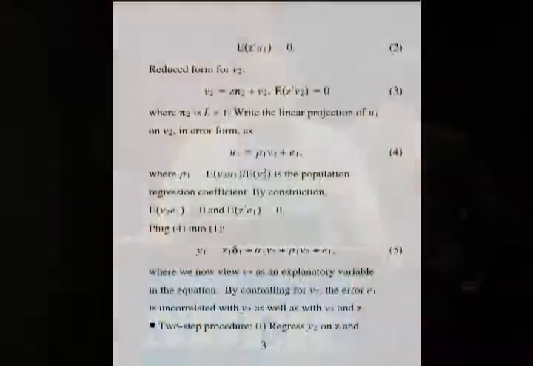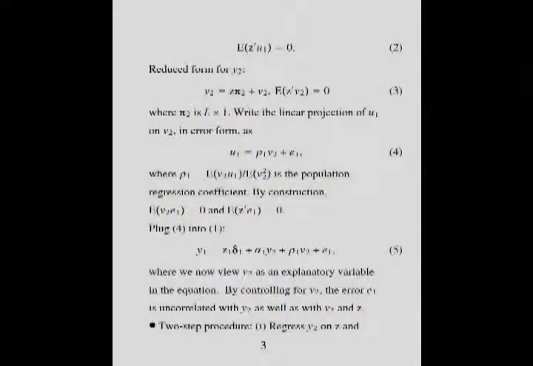We need an instrument for y2, and so this vector z has at least one more element than z1 does. Now, one thing to remember is if we estimate this equation by two-stage least squares, say, then the key condition, I didn't put the rank condition down on the slide, the key exogeneity condition is given by 2.